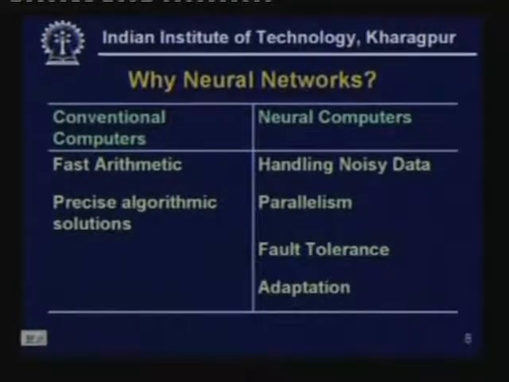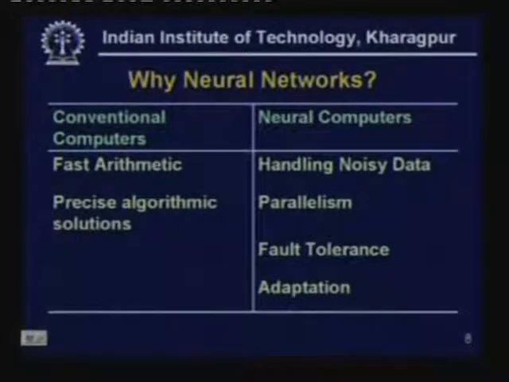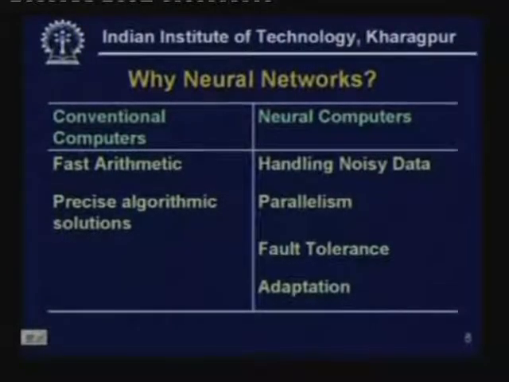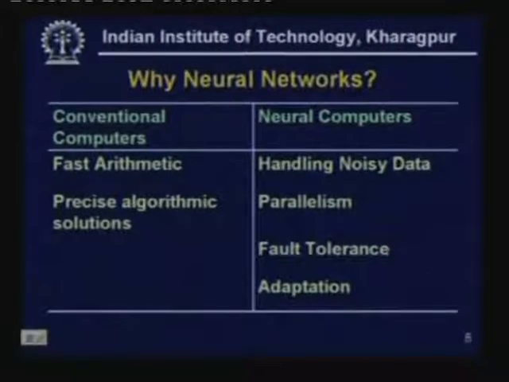Now, let us look very briefly at the difference in the architecture of conventional computers and neural computers. Conventional computers are known for fast computations, the fast arithmetic and number crunching that they can do, and they are very good for delivering precise algorithmic solutions.